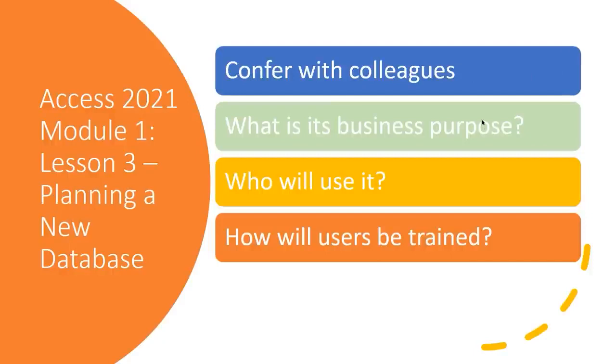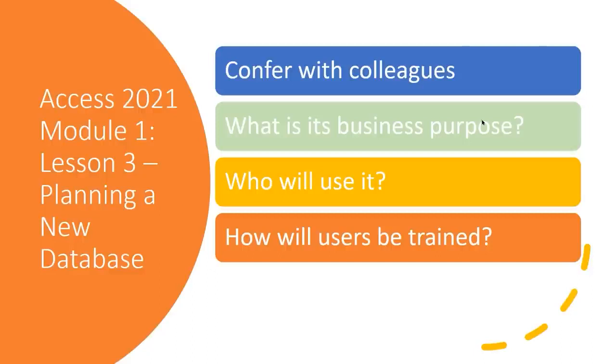So you want to plan a new database. You just don't want to open Access and start building a database without having a plan. The most important thing is figuring out what is its business purpose. And once you find the answer to that question, you would want to confer with colleagues who will also be utilizing the database to get their input.